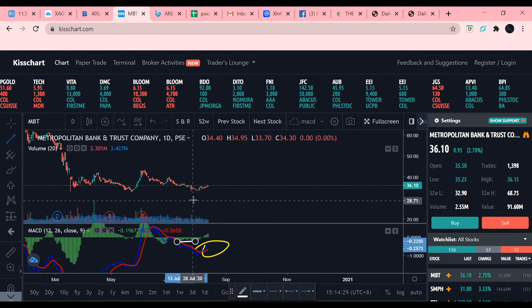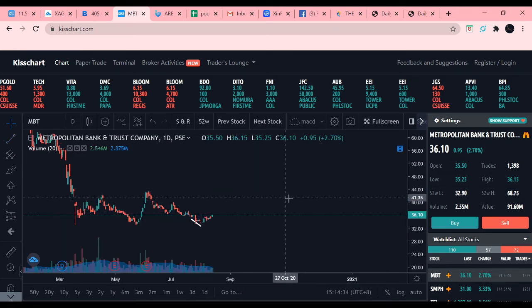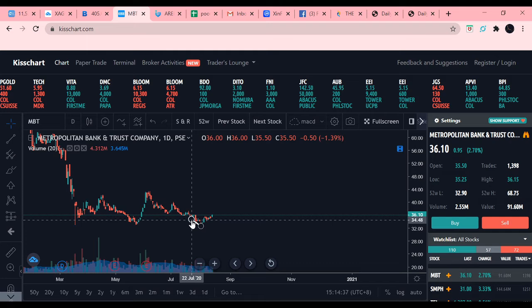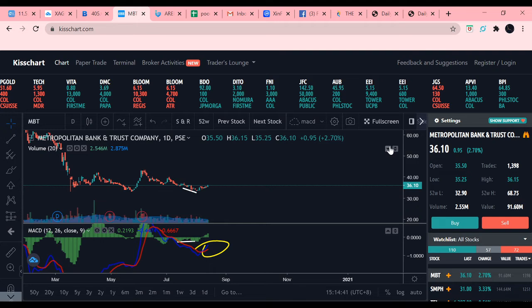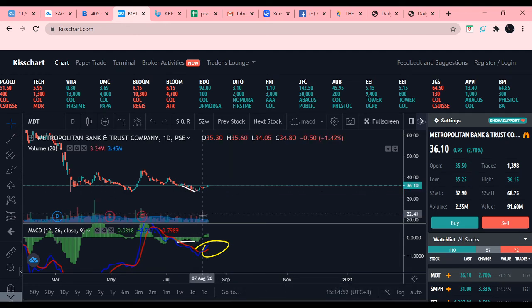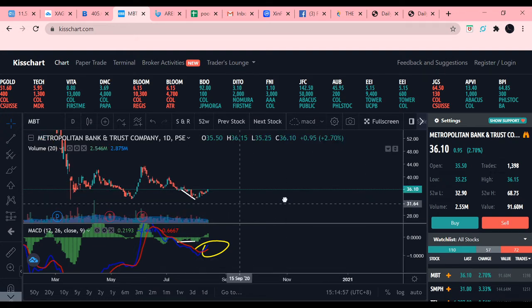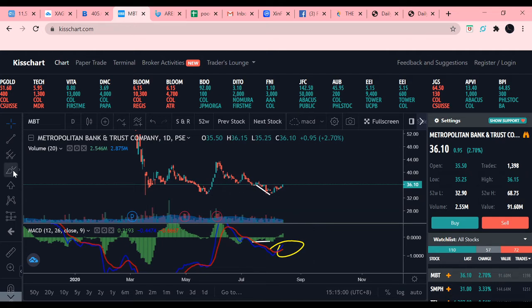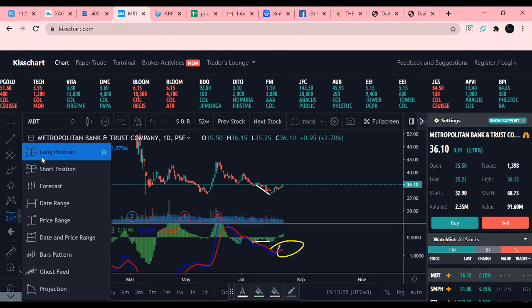Palakihan natin, yun. So, that's actually a bullish divergence. So, I'll go long.